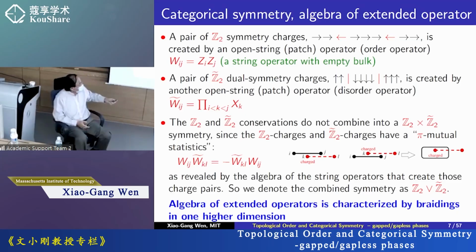We just commute this patch symmetry operator with another local operator. If they commute, then we say it is allowed, as long as this local operator is far away from the boundary. Therefore, this patch symmetry operator is enough to determine the symmetric local operators and the symmetric Hamiltonian.